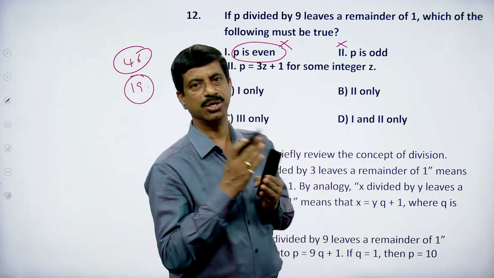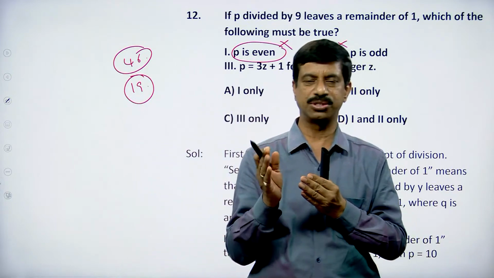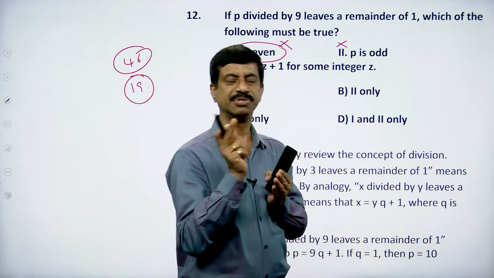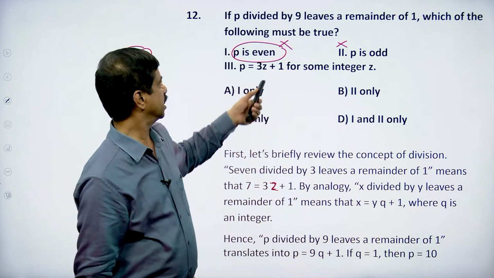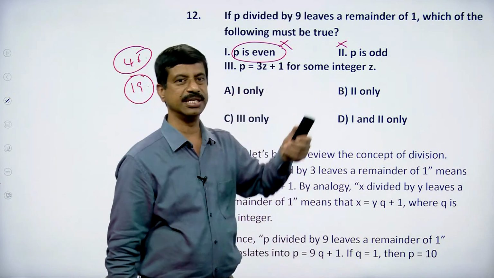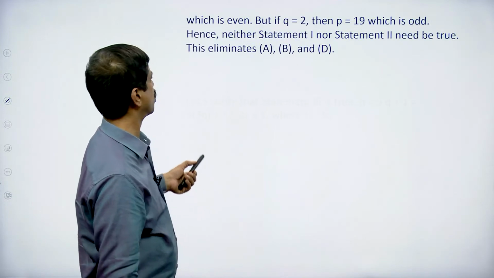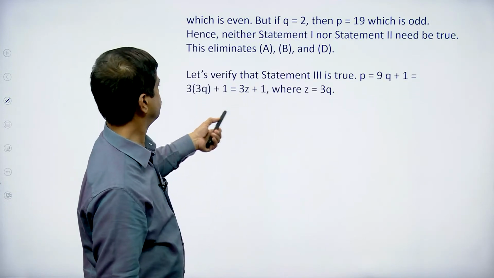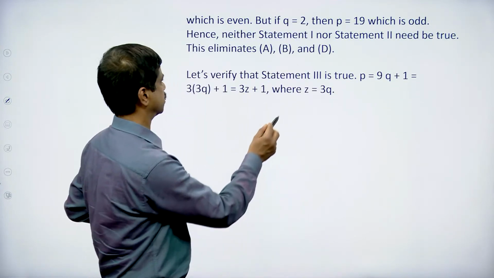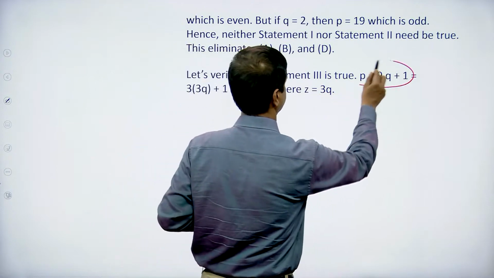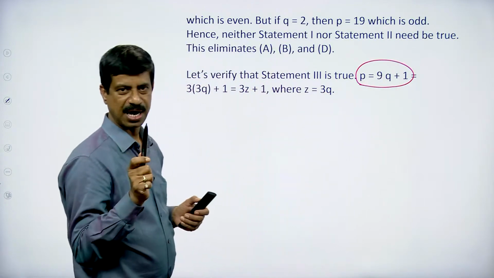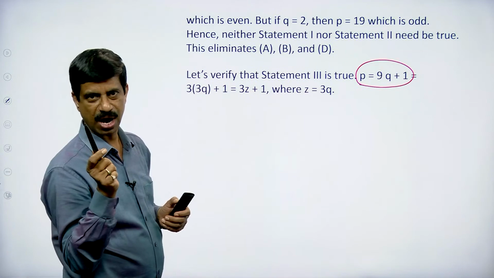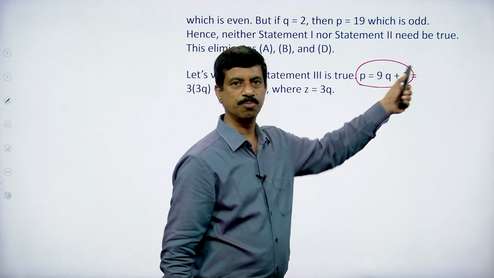9 ones are 9, 9 twos 18, 9 threes 27, like that. So every multiple of 9 is divisible by 3. But is it for some z, he says. So should this be true for all? Should this be true for all? So now look at this. P is divisible by 9 and leaves a remainder 1. So it should be P is 9q plus 1.